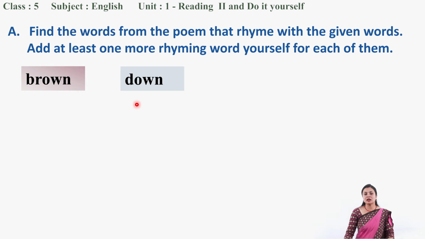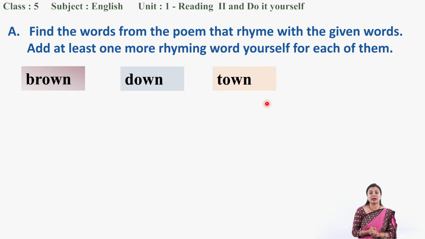So, can you find one rhyming word yourself? Like brown, down. What should be another one? That's correct. That is town. In this way, you can also add another rhyming word here yourself. That's great.